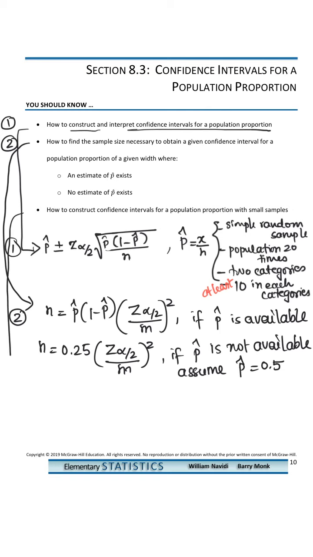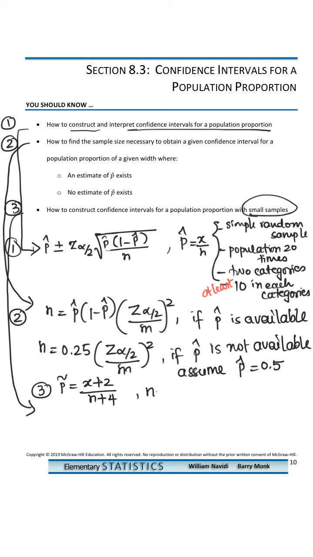And the third one is constructing confidence interval for the population proportion with small samples. So in the small sample, the adjusted sample proportion is p tilde equal x plus 2 divided by n plus 4. We are getting this by adding or increasing the number of individuals in each category by 2. So the sample size increased by 4.